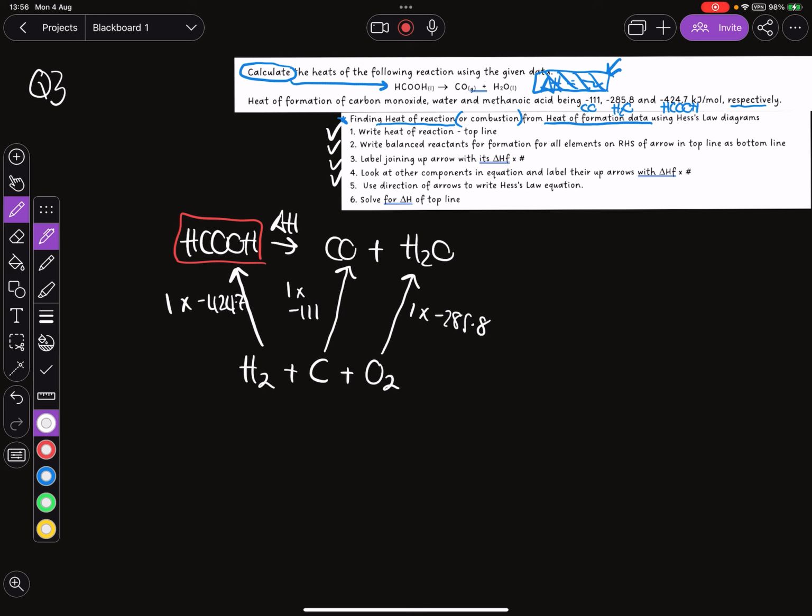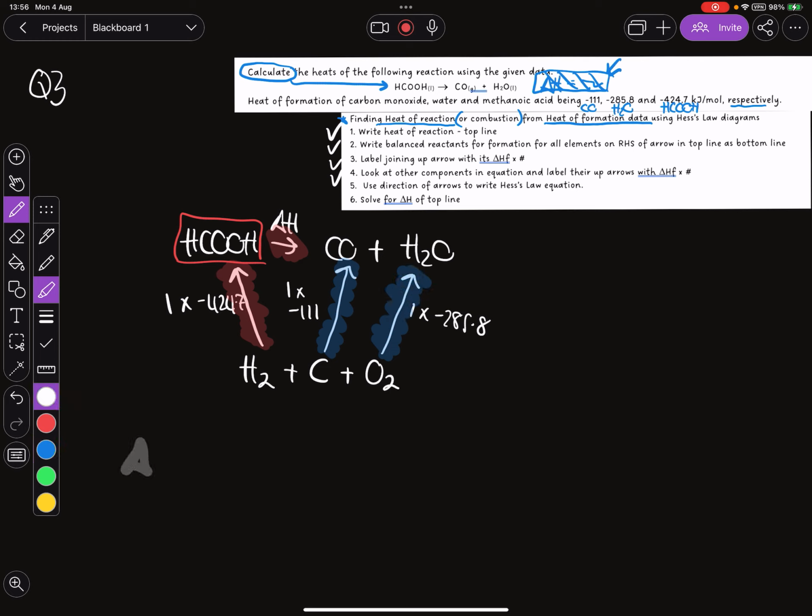And now we've got to figure out how we write our Hess's law formula. So again, we're looking at matching up the directions of the arrows. So these 2 arrows are the same. So they're going to be on the left-hand side of our equals, whereas these 2 arrows are going in a different direction. That's going to be on our right-hand side.